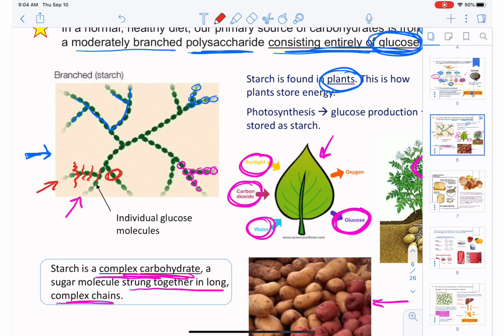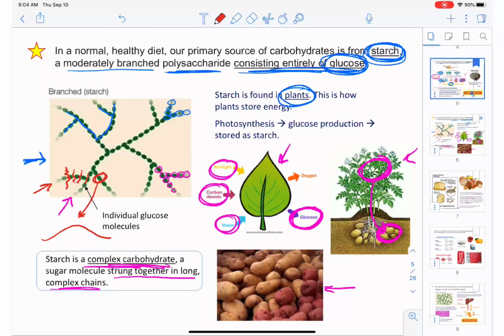And then they get shipped off into the blood. And that just takes time to do. And so you have this slow release of glucose into the blood, and therefore you have a slow increase in blood sugar levels, which is nice for your pancreas because the pancreas doesn't have to release all this insulin all at once. But again, we'll get back to that in the digestive system.